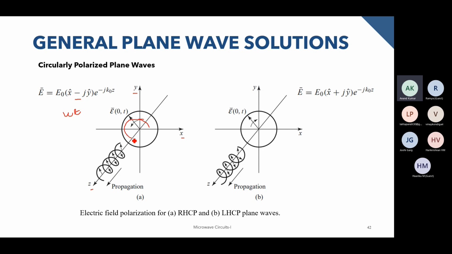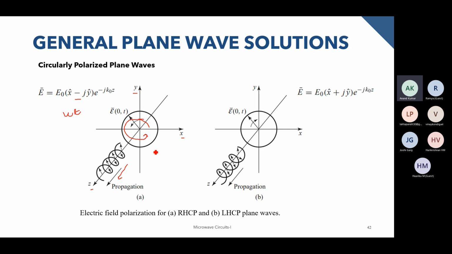This phi will rotate in this fashion, and the direction of propagation of the wave will be in the z direction. So if you point your thumb in the direction of propagation, you'll see that the direction of the rotation is anti-clockwise.